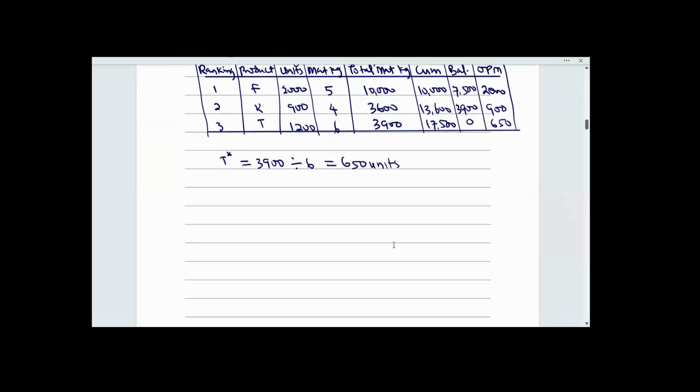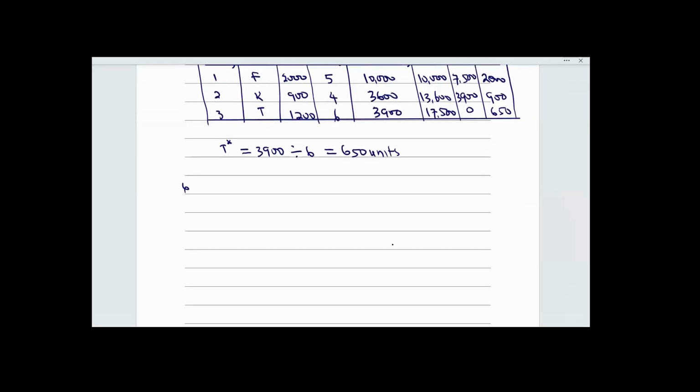That's it. I will then come here, step 6, which is to determine the optimal production plan or optimal product mix. So products, then units: product K, T, F. For K, we are producing 900.